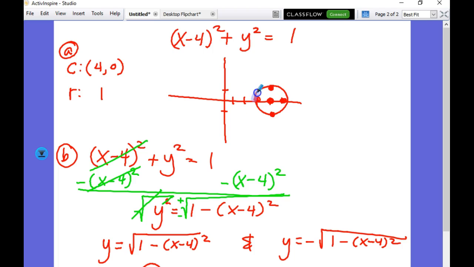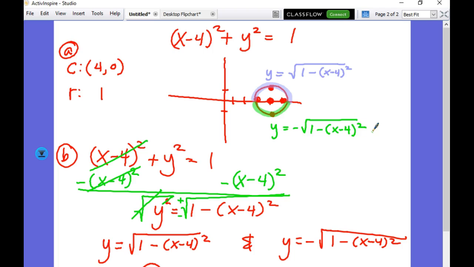I'm going to label the top half as the positive version of that equation I just found: y equals the square root of 1 minus (x minus 4) squared. And then I'm going to label the bottom half of my circle as the same thing, but the negative version of it.